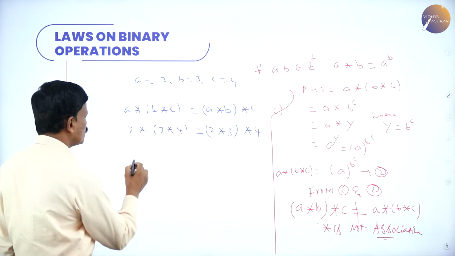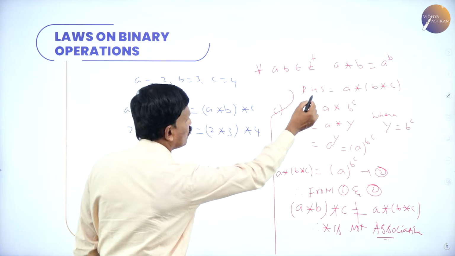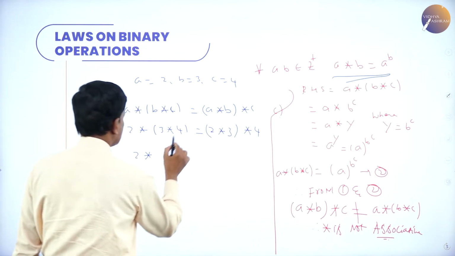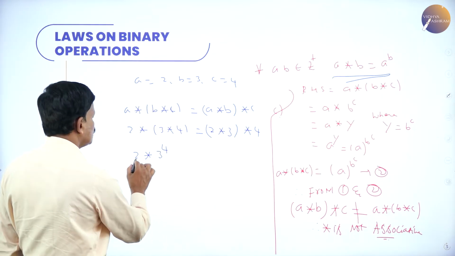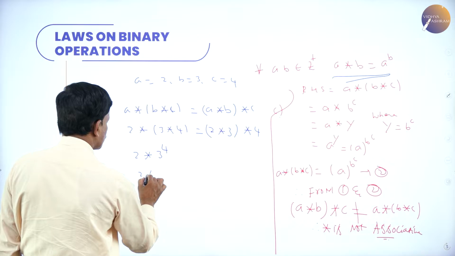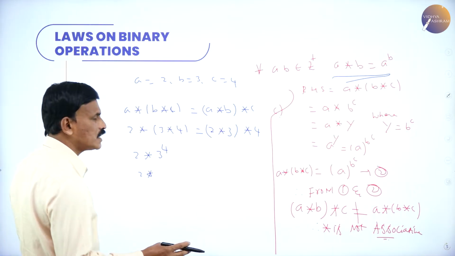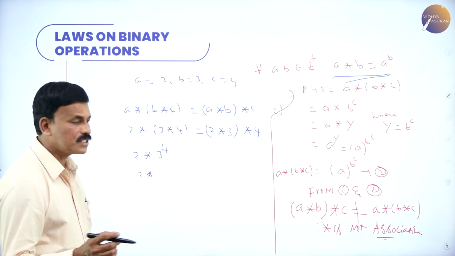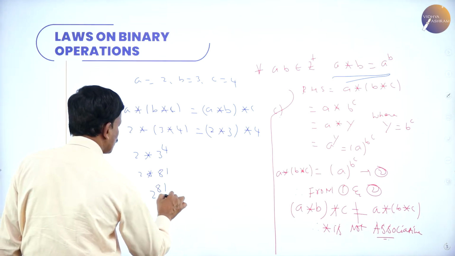Now, let us simplify this. 2 star (3 star 4). Now, A star B is equal to A to the power of B. That means 3 star 4 can be written as 3 to the power of 4. So, again, this is 2 star 3 to the power of 4. 3 to the power of 4 means 3 3s are 9, 9 3s are 27, 27 3s are 81. This is 81. This is nothing but 2 to the power of 81.